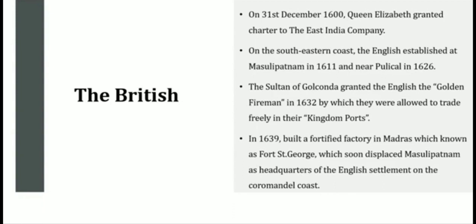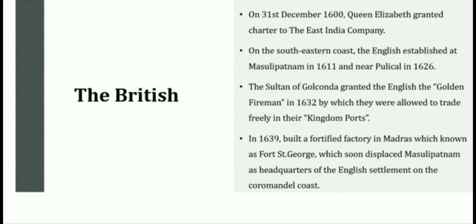On 31st December 1600, Queen Elizabeth gave permission to start the English East India Company. The English East India Company was established at Masulipatinam in 1611 and near Pulicat in 1626.